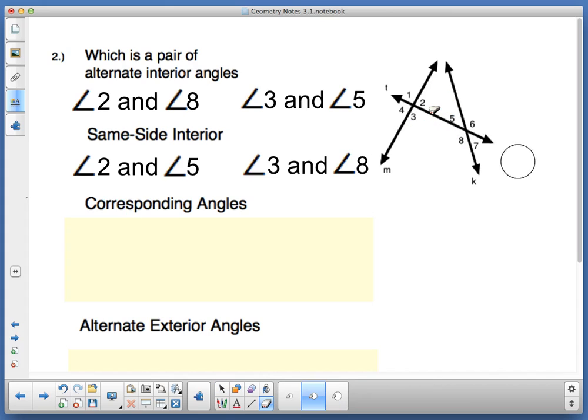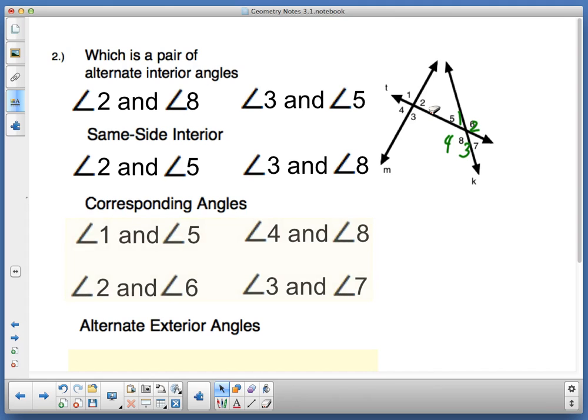If I were to look at these angles, and if I were just to number them, 1, 2, 3, and 4, I know they're there. I'm just going to bring them over. The corresponding angles, 5 and 1, 2 and 6, 4 and 8, and 3 and 7, the same relative position in the intersection. Okay, so that's what I did to figure out what my combinations were. And there isn't another combination.